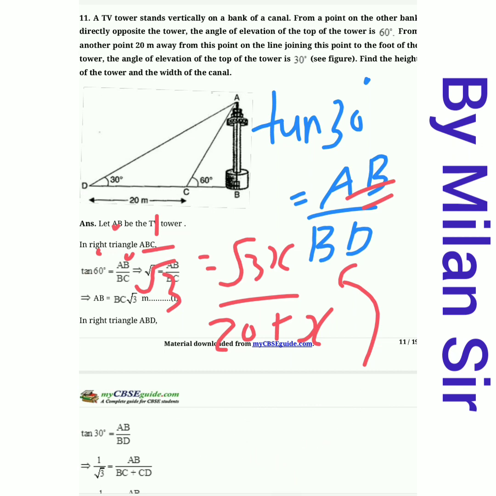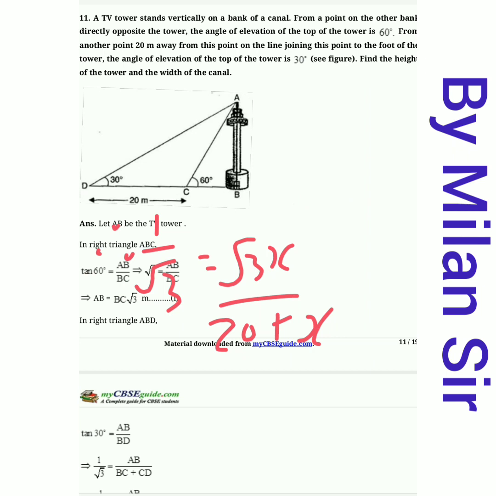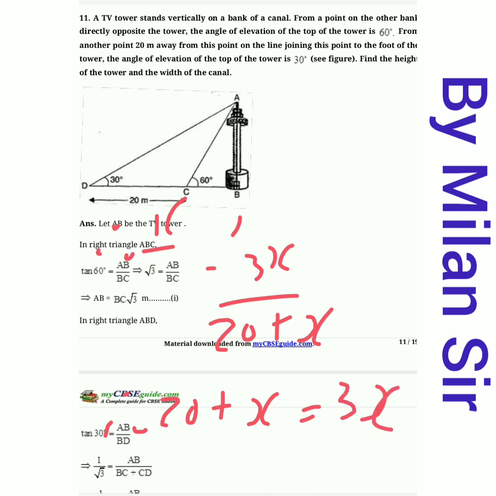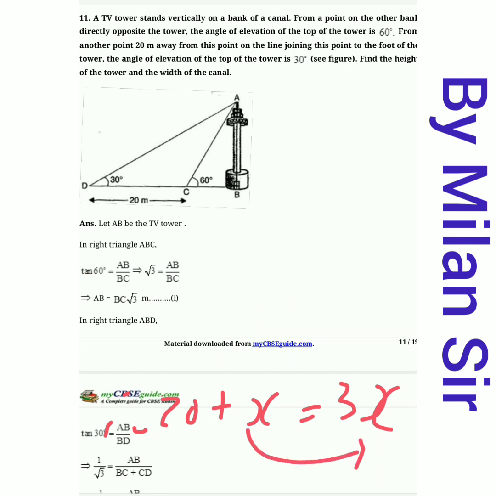Now just solve this with cross multiplication. So 20 plus X is multiplied with 1 on the left hand side, so 20 plus X into 1 is 20 plus X. Now this under root 3 goes to the right hand side, to the numerator. So under root 3 into under root 3 is 3, so 3X. Now for finding X, just transfer this X to the right hand side.